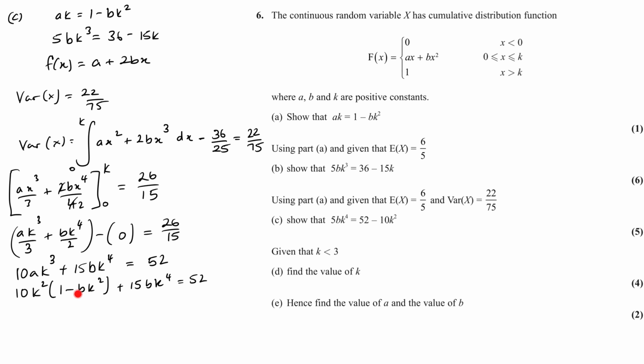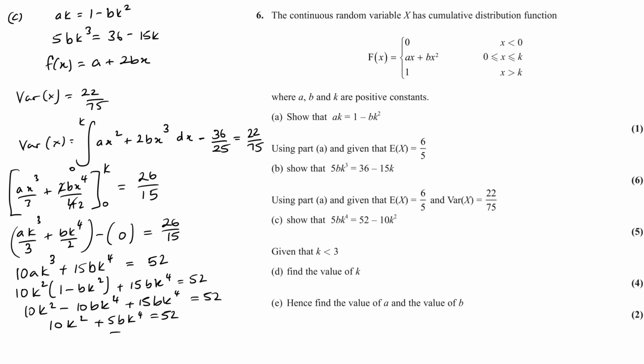Okay, that's obviously just ak there. We've got 10k squared minus 10bk to the 4 plus 15bk to the 4 equals 52. 10k squared plus 5bk to the power 4 equals 52.